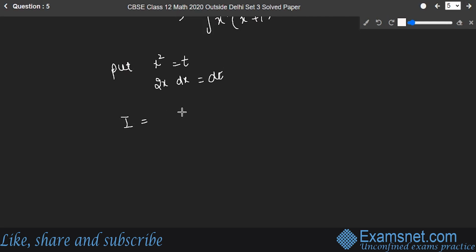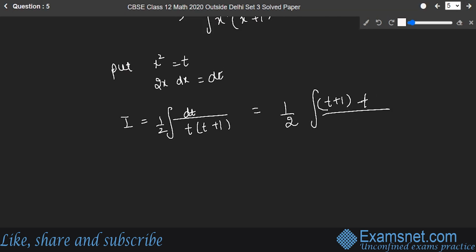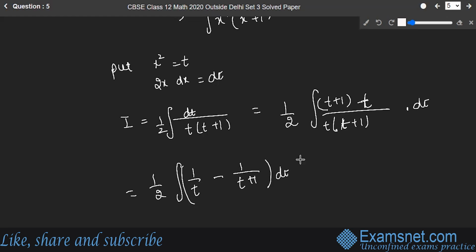That makes your I is equal to 1 by 2 integral of dt upon t into (t plus 1). This is equal to 1 by 2 integral of ((t plus 1) minus t) upon t into (t plus 1) dt, right? So this is 1 by 2 integral of (1 by t minus 1 upon (t plus 1)) dt.